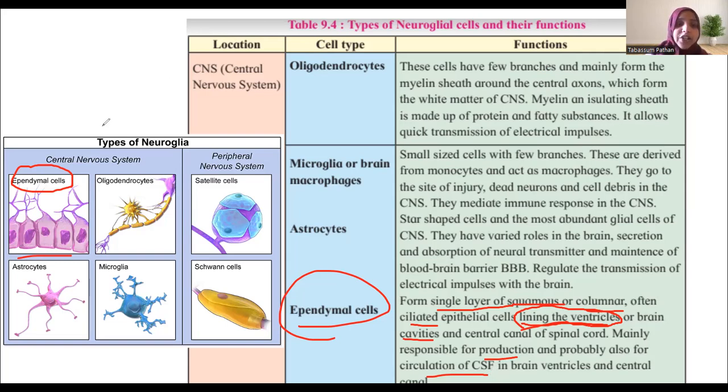Okay, so there you will find ependymal cells. Their function is responsible for production of the CSF. They will help in production of the cerebrospinal fluid in the ventricles and in the central canal of the spinal cord. Yes, we will be seeing what the function of the cerebrospinal fluid is in the coming videos. Okay.